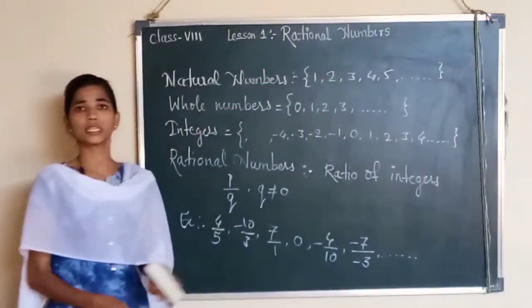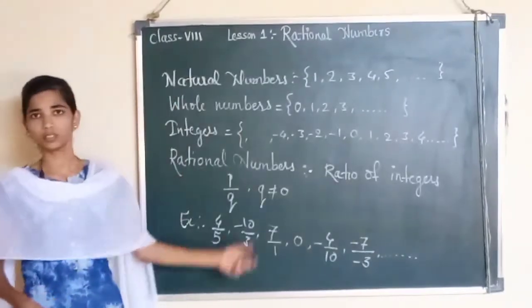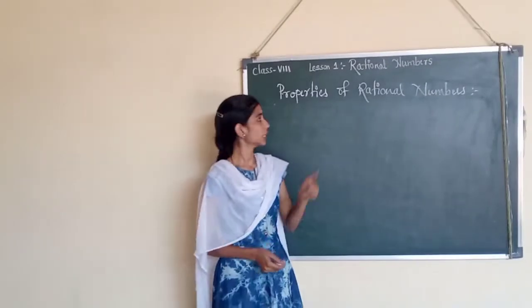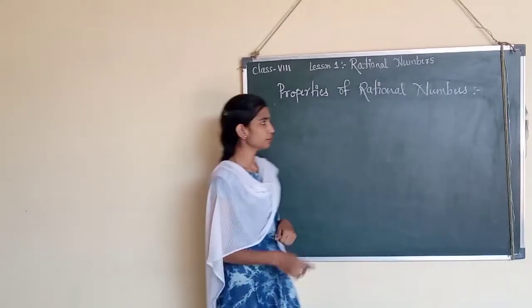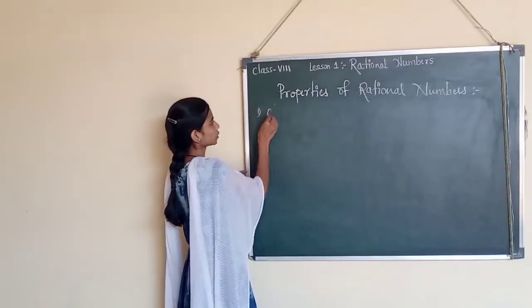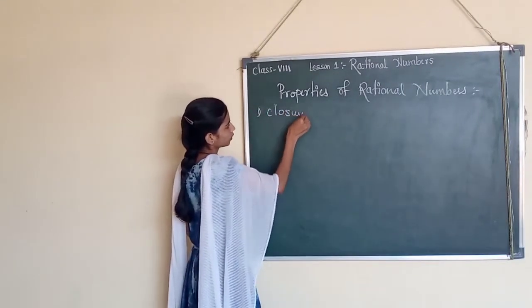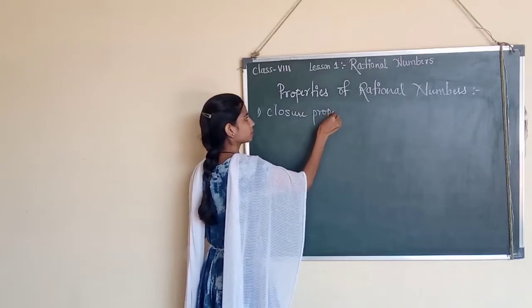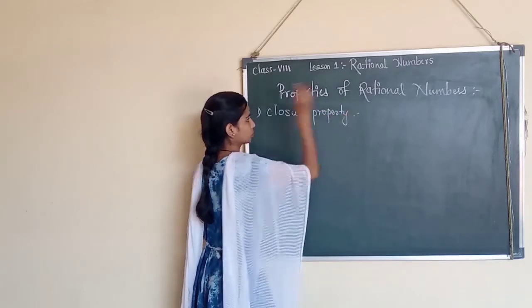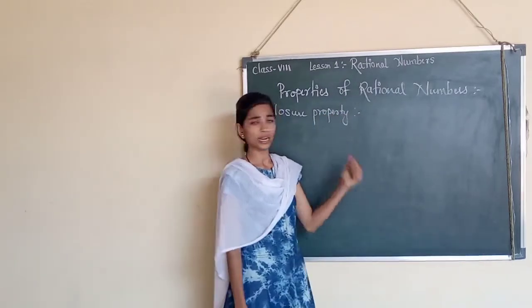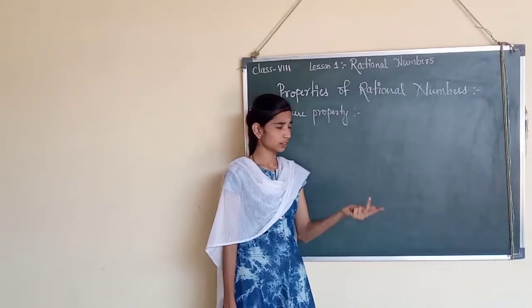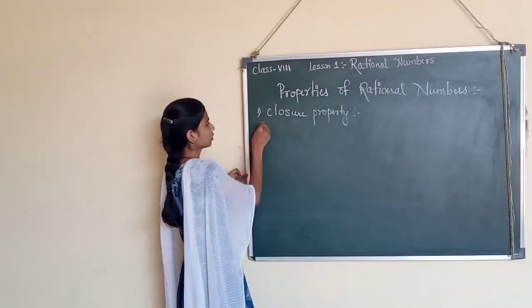Now let's see the properties of rational numbers. Means first property is what? Closure property. We will check the closure property for addition, subtraction, multiplication and division. So first one, for addition.